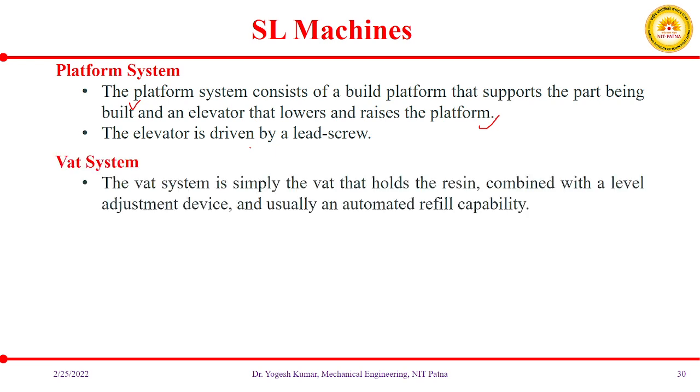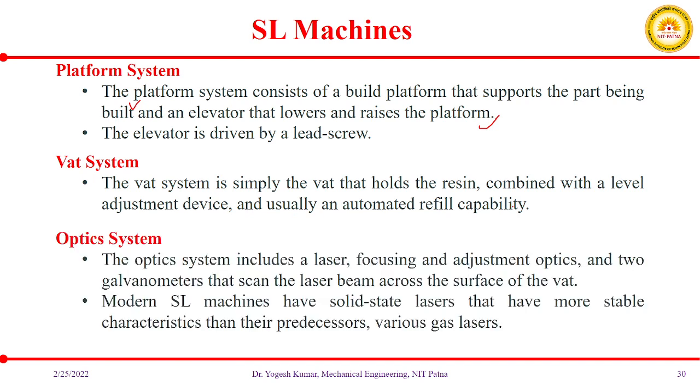Then the next subsystem is your vat system. The vat system is simply the vat that holds the resin, combined with a level adjustment device and usually an automated refill capability. Then the fourth system is your optics system.